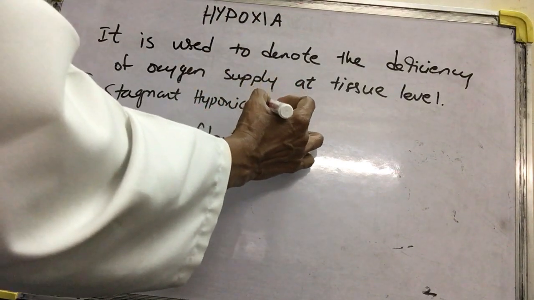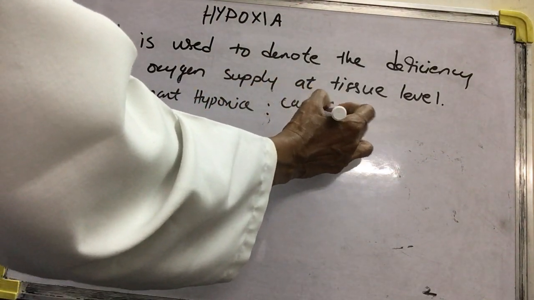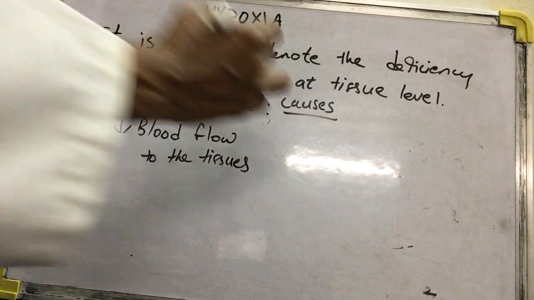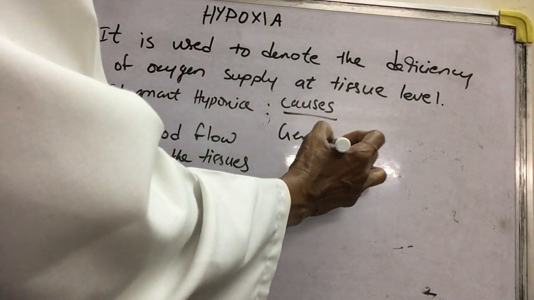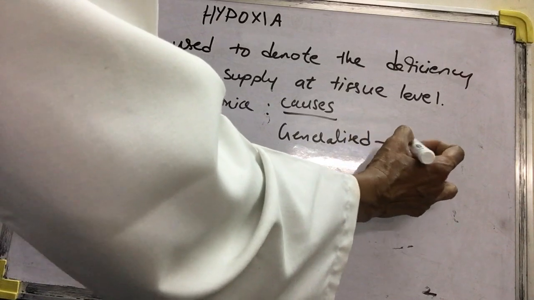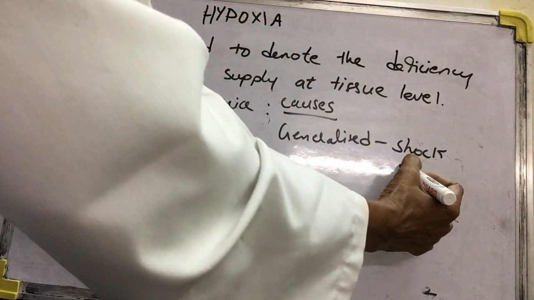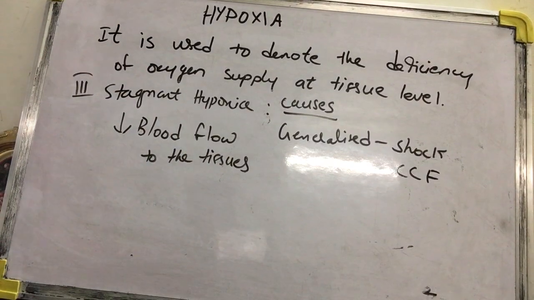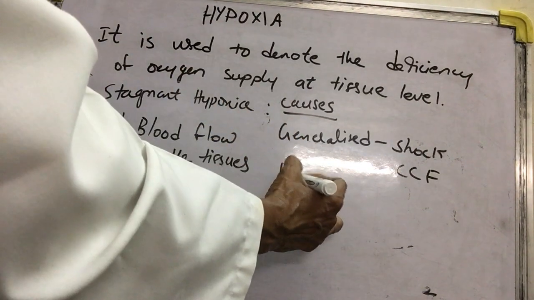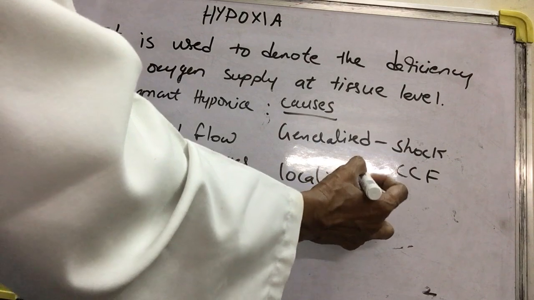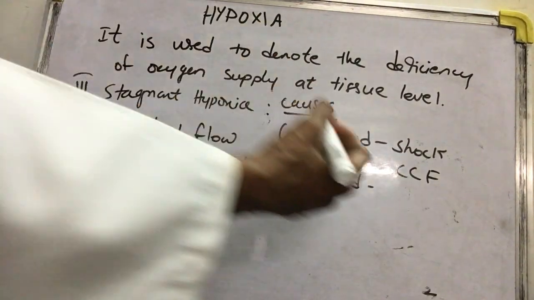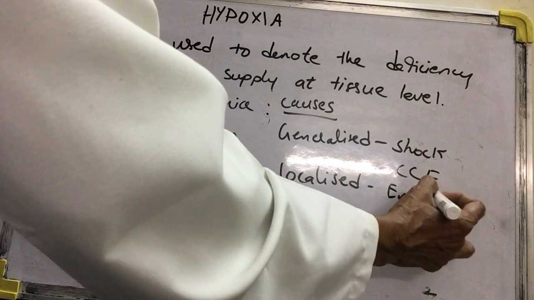And the causes for stagnant hypoxia can be generalized, for example shock. There is generalized reduced blood flow to the tissues, which is seen in shock and also in congestive cardiac failure, or it can be localized. Example, embolism.